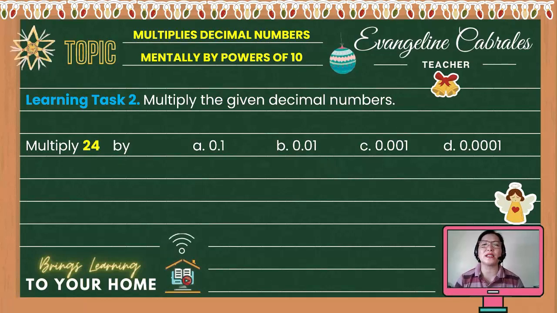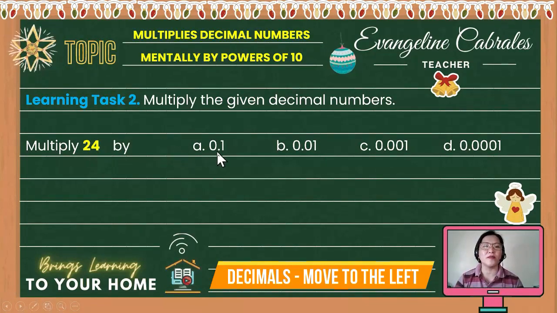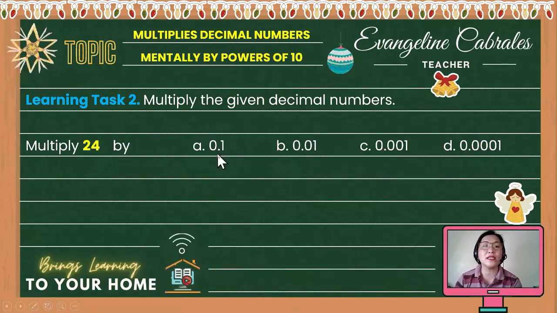Tama, papunta sa kaliwa. So, 24 times 1/10 equals 2 and 4/10. Kasi nandito ang decimal point niya. Tandaan, kapag whole number, automatic, ang decimal point ay nasa dulo. So, nandito siya, imaginary, nasa isip lang natin yon. Nasa dulo siya, iuusod ng isa papunta sa kaliwa, kaya naging 2 and 4/10.